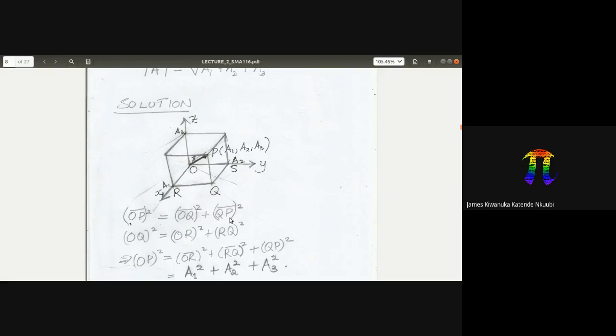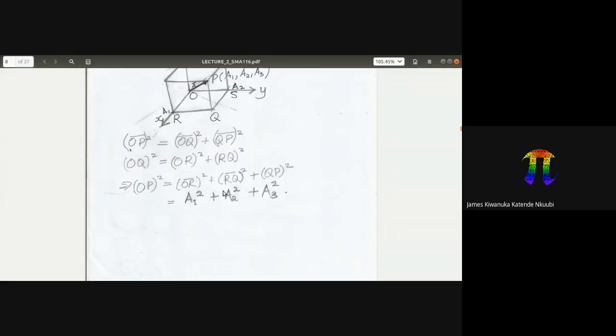So we put QP squared here. This is just Pythagoras theorem. We also can use that on this other triangle, OQR. Use it on OQR, then you have OQ squared is the same as OR squared plus RQ squared. And the same idea is also on OP.